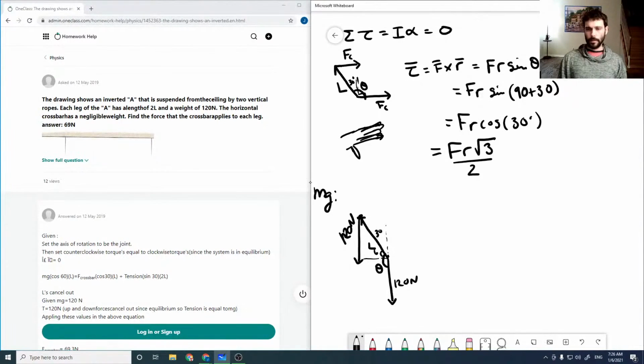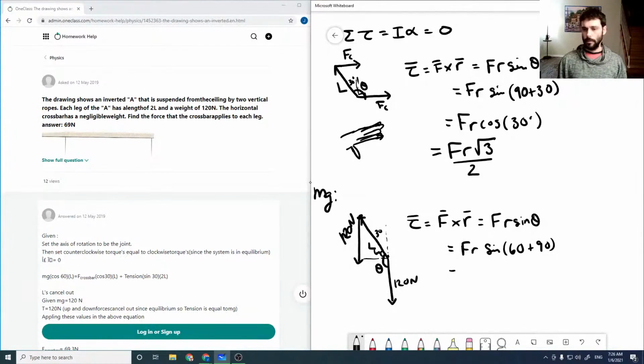In here would be 60. And so this angle is 60 plus 90. So our torque is F cross R, which is F R sine theta, which is F R sine of 60 plus 90, which is F R cosine of 60, which is a half. So cosine of 60 is a half.